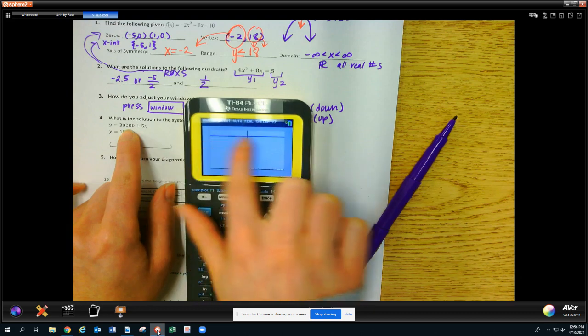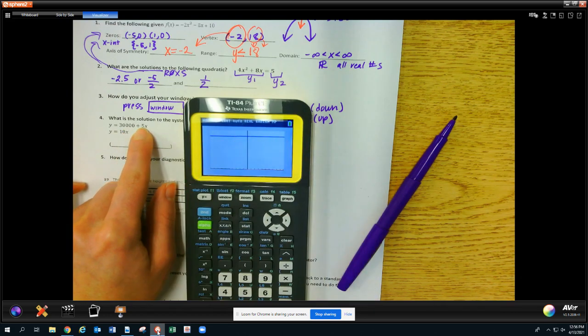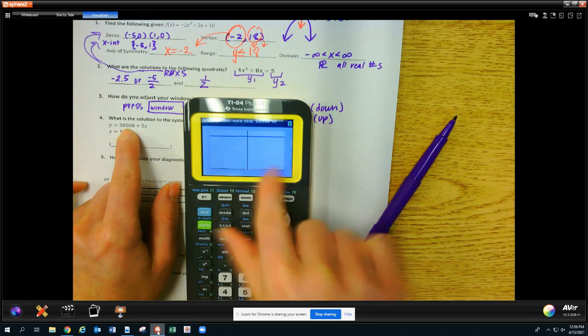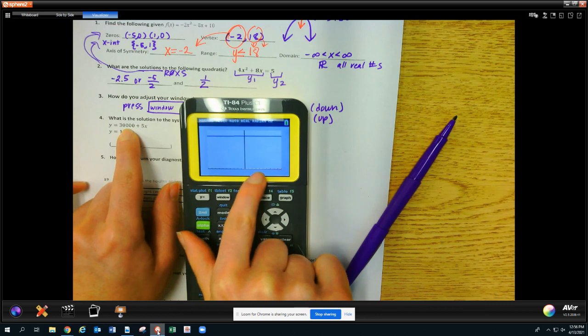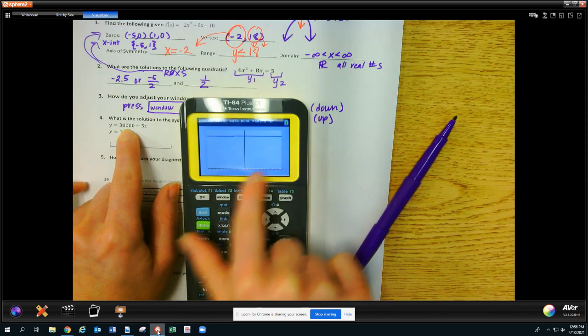Okay, and so it looks like a horizontal line because a slope of 5 compared to 30,000 is going to seem really, really flat. Okay, and then my other line, my red line, is way down here. Okay, you can barely even see it.